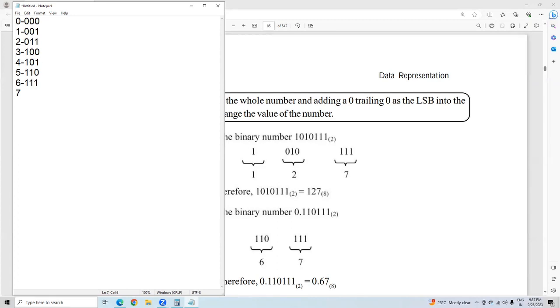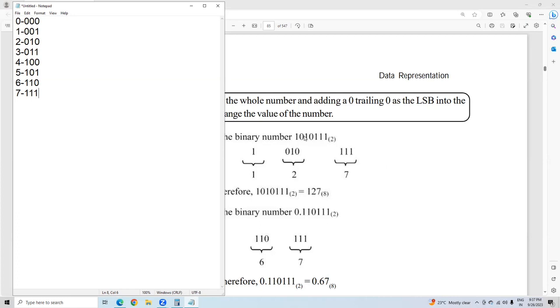So for 1 it will be 1 only, for 2 it will be 0 1 0, this is 0 1 1, this is 1 0 0, this is 1 0 1, this is 1 1 0, and this is 1 1 1. This is the perfect table for octal numbers and their equivalent binary digits.